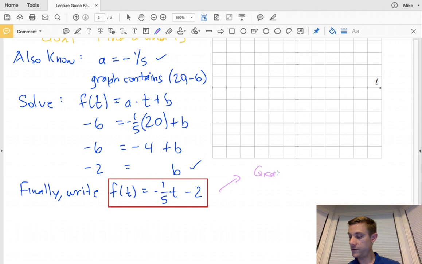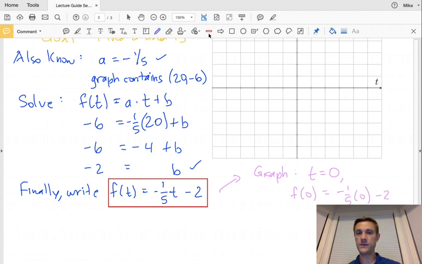So if we are going to have our graph in mind and we try t equals 0, what you'll notice is f of 0 is, well, if I plug in 0 for t, we've got negative 1/5 times 0 and minus 2. And so that 0 times negative 1/5, whenever you plug in a 0 times that slope, it's going to go away no matter what.